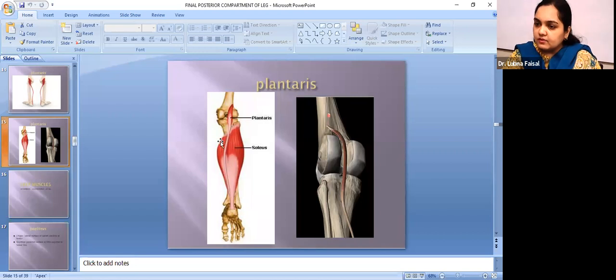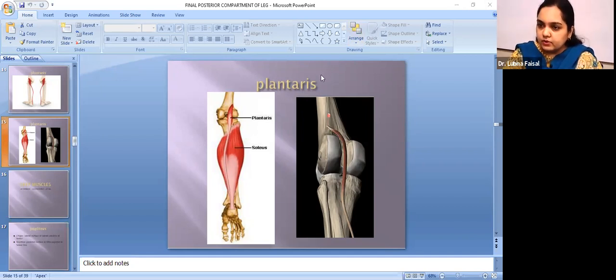So when we are discussing the relations of the plantaris, we can divide the muscle into three segments: the superficial segment, the middle segment, and the deep segment. The superficial segment is the deepest in the plantaris. Getting my point? Then in the middle one third there is the soleus, and it will form a bed for the plantaris to pass.